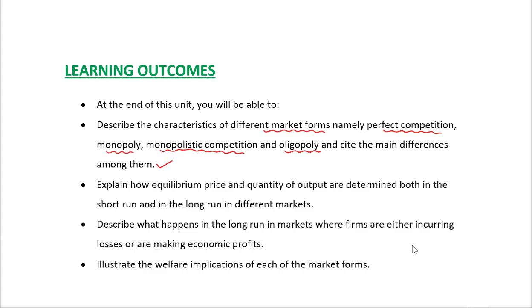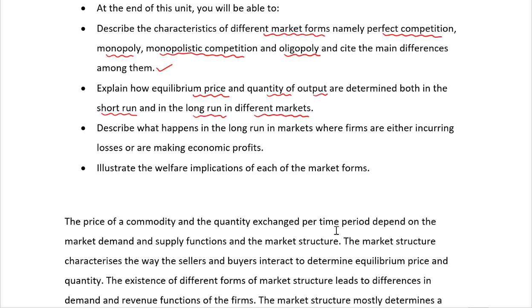We'll try to explain the equilibrium price and equilibrium quantity of output that are determined both in the short run as well as in the long run under different market conditions. Describe what happens in the long run in markets where the firms are either incurring losses or making economic profits. We'll try to illustrate the welfare implications of each of the market forms.